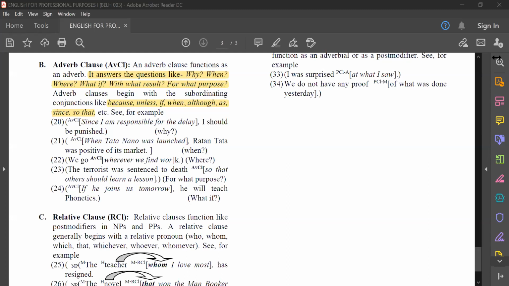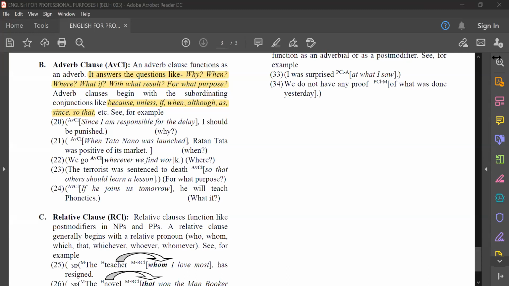The point you have to make is to see why, for what purpose, it has been used. This particular adverb clause is an addition to the main, independent clause. We can drop it again, but it has been mentioned because it answers why I should be punished.